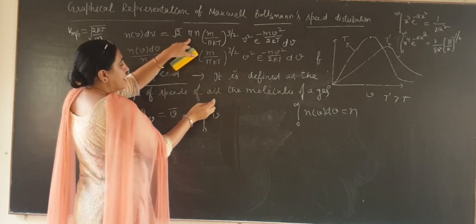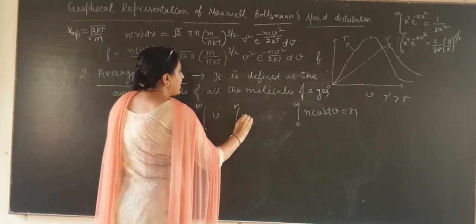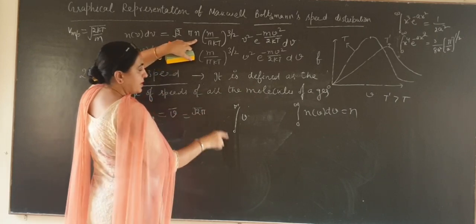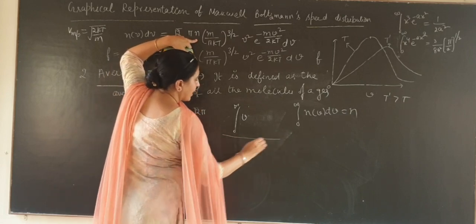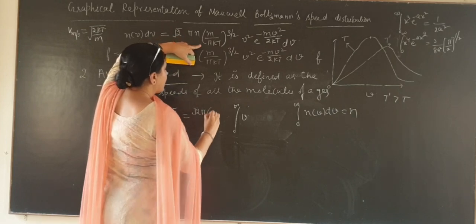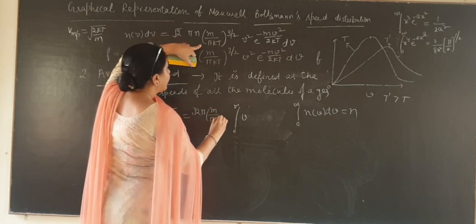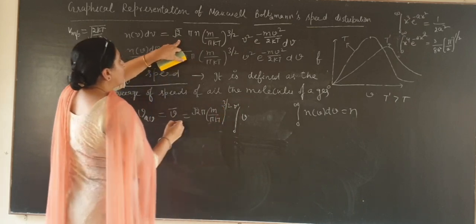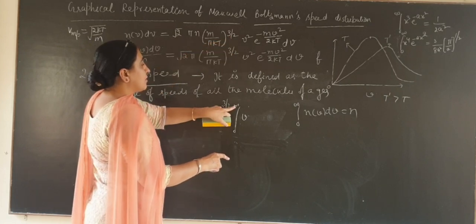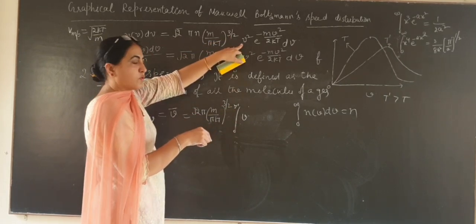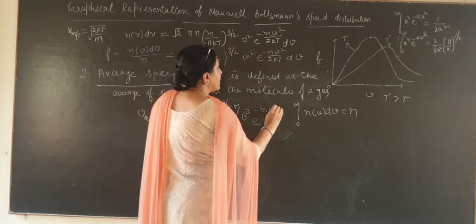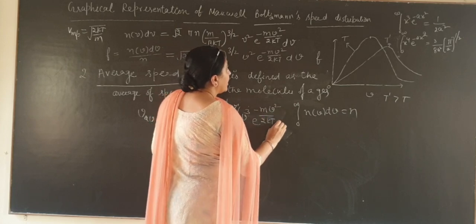Constant terms outside, m over pi kT raised to power 3 by 2, integral from 0 to infinity, v is already here, now here is also v, so v cube e raised to power minus m v square upon 2kT into dv.